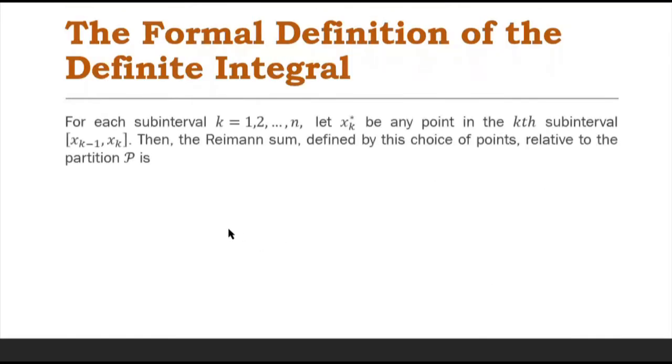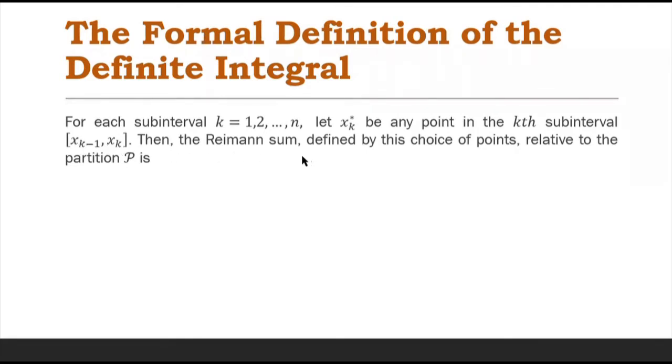For each sub-interval, k equals 1, 2, and so on up to n, let x asterisk sub k be any point on the kth sub-interval. So we have the closed sub-interval [x sub k minus 1, x sub k].